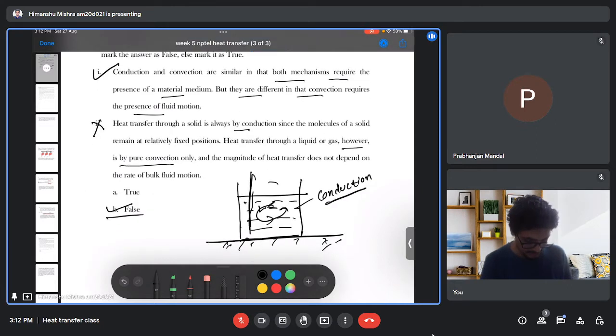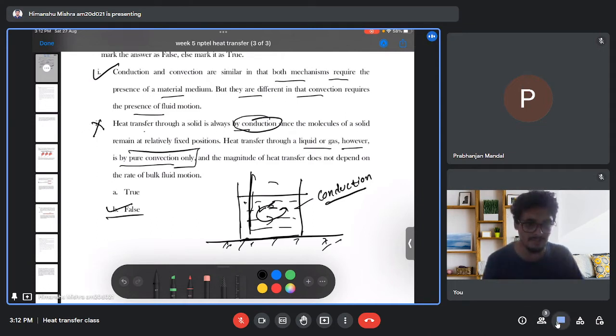Similarly, the second statement is that heat transfer in a solid occurs due to conduction, and heat transfer in liquid and gas always occurs by pure convection. We need to identify the correct statement.